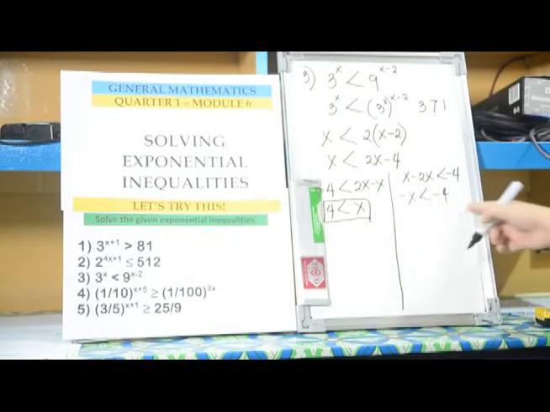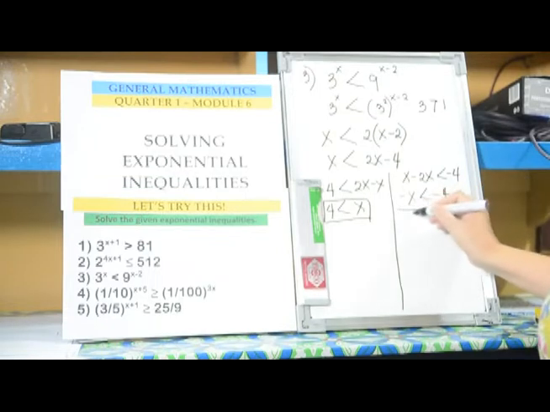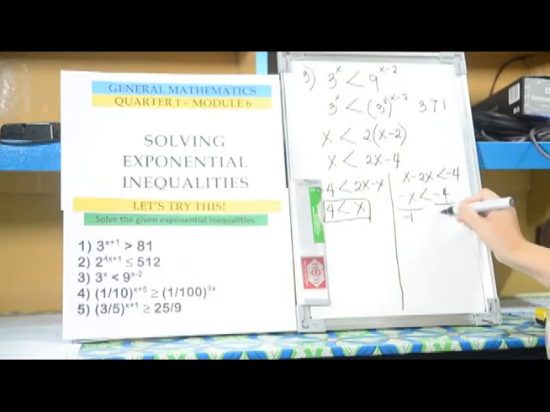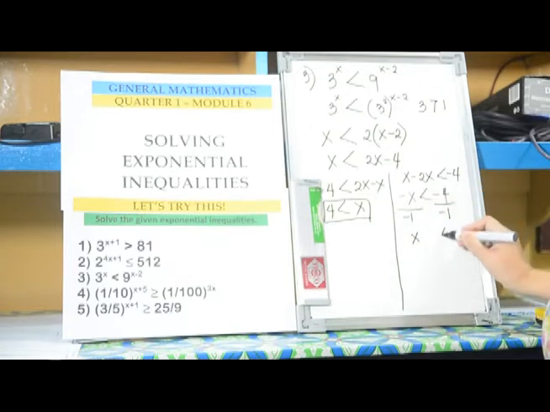To give the positive value of your x, we will divide or multiply both sides by negative 1 to make it positive. So this will give you positive x, and this one is also 4.